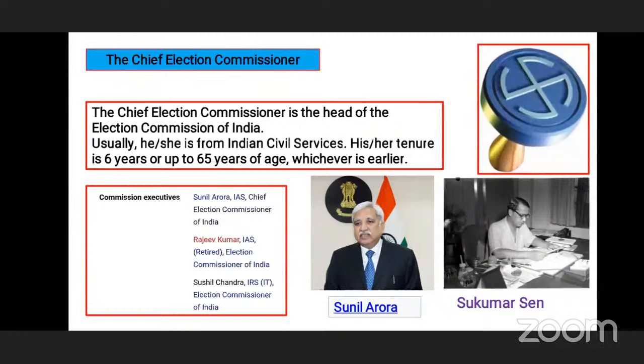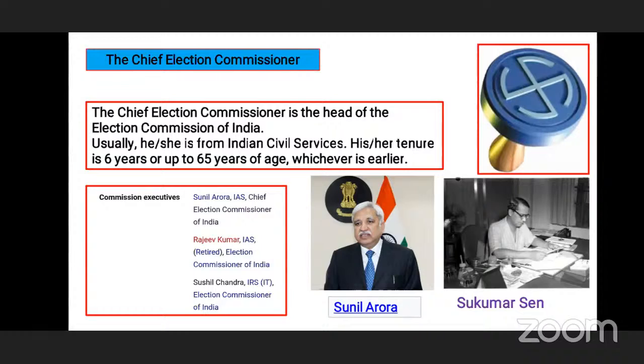It was a single member commission. So only one member was there at the time the Election Commission of India was established. That is Sukumar Sen. He worked from 1950 to 1958. Sunil Arora is the present Chief Election Commissioner.